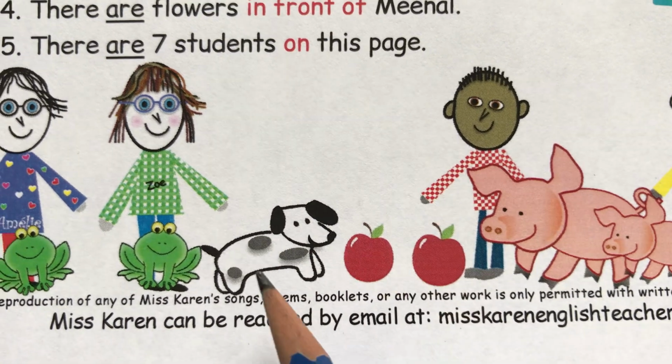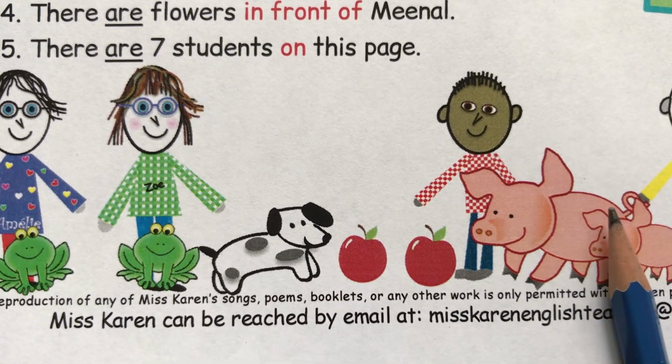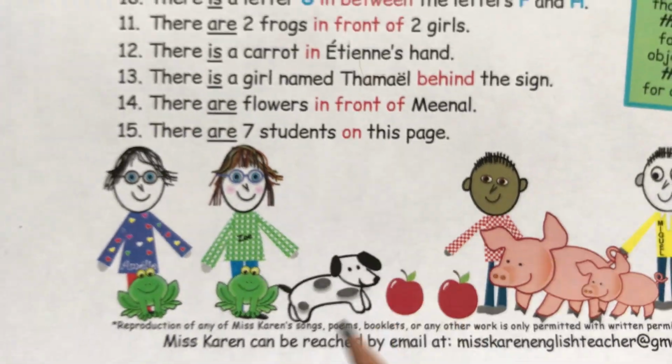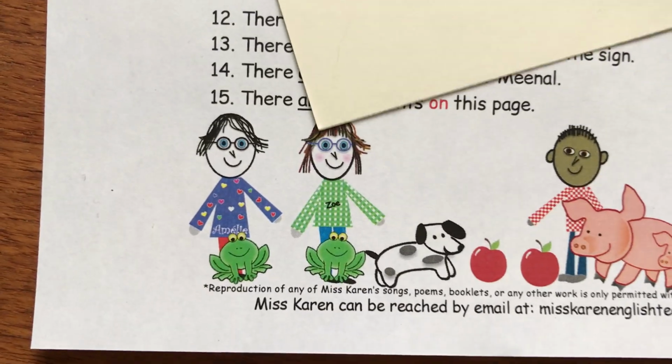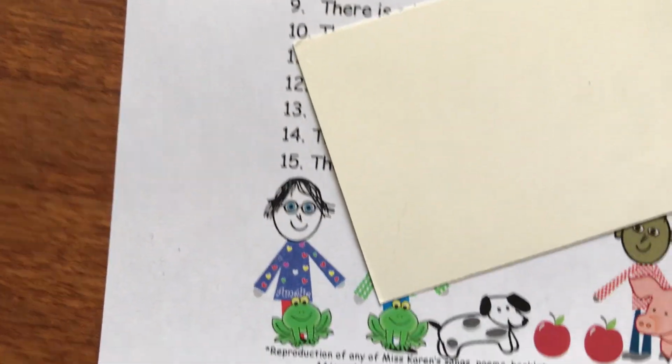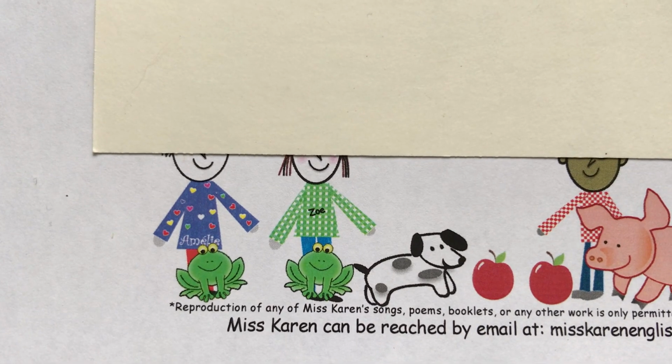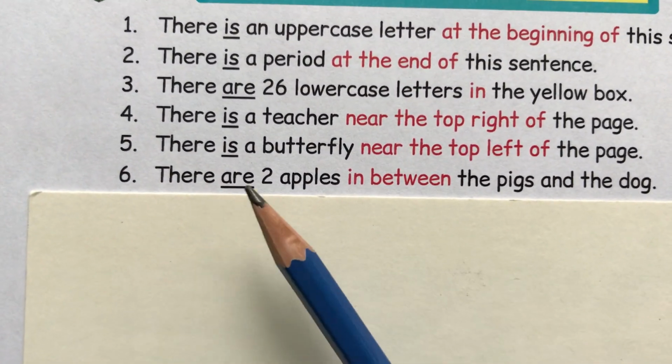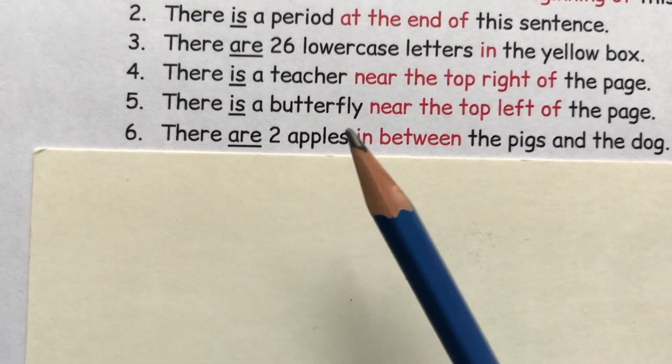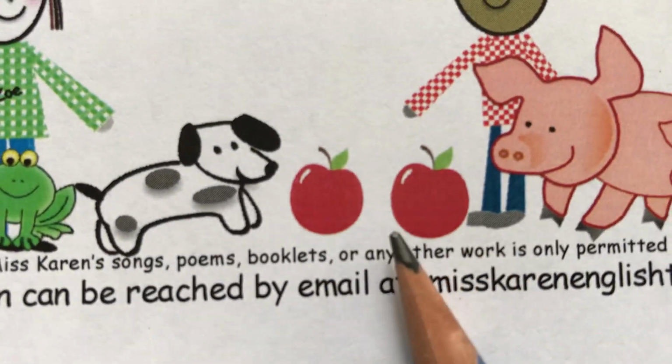They are between the animals, the dog and the pigs. Between. Let's go back over here. We use there are because there are 2 apples.